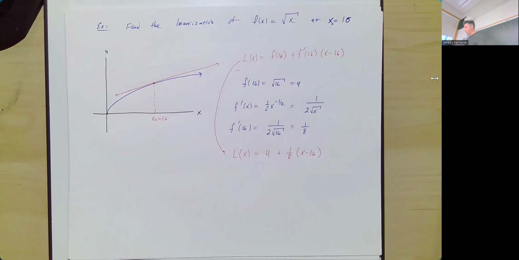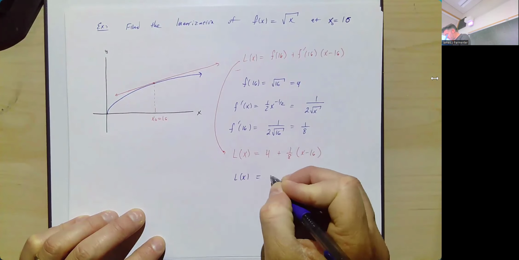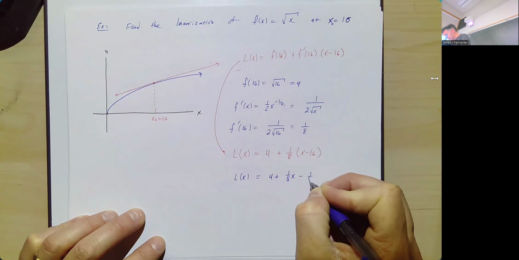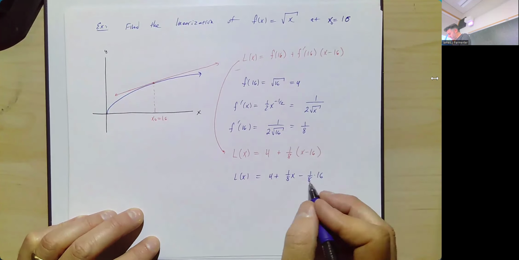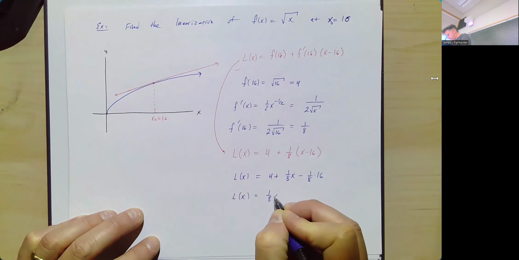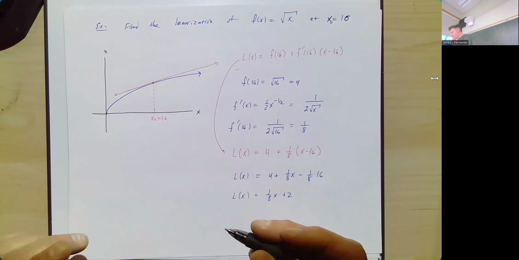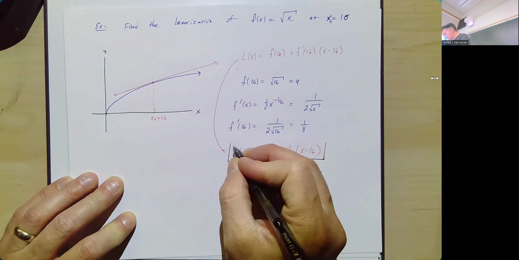Meaning, I don't really want to distribute the 1/8 and write it as 4 plus 1/8 x minus 1/8 times 16. 1/8 times 16 is 2, so 4 minus 2 is 2. So I could rewrite it as 1/8 x plus 2. It's usually not helpful, although looking at the textbook answers in the back of the book, they do typically do that simplification.